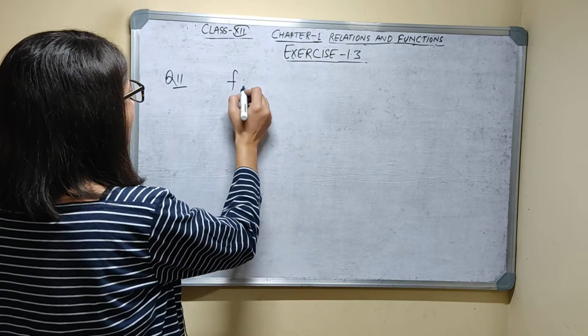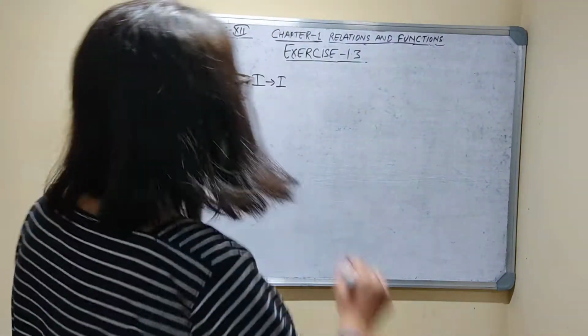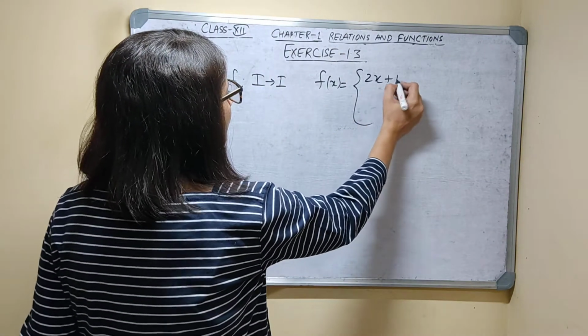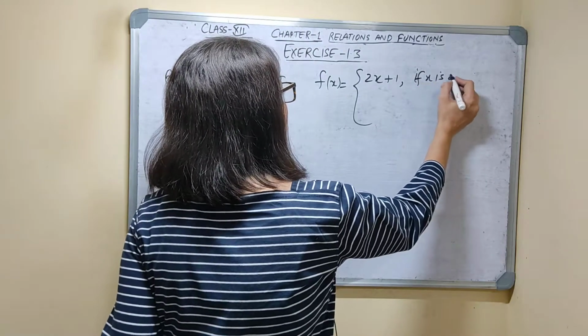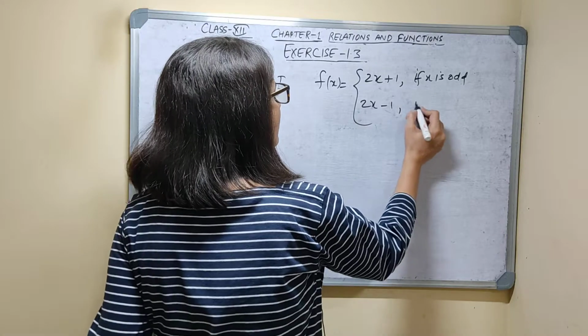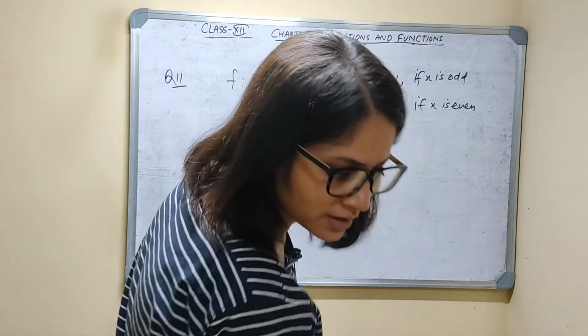Question number 11. The function f from I to I, integers to integers, is defined by f of x is equal to 2x plus 1 if x is odd, and 2x minus 1 if x is even.